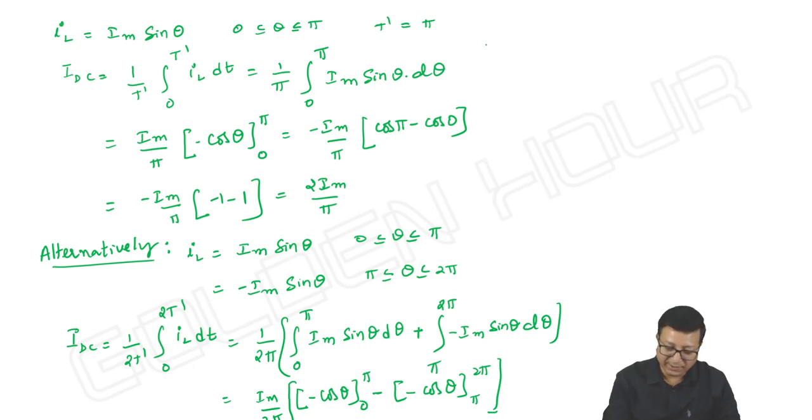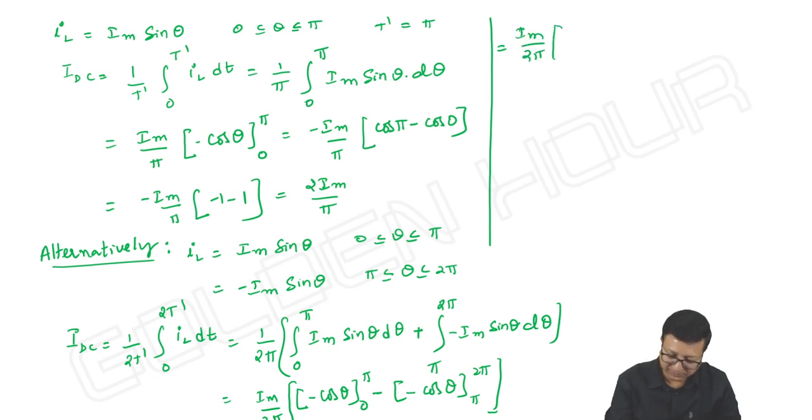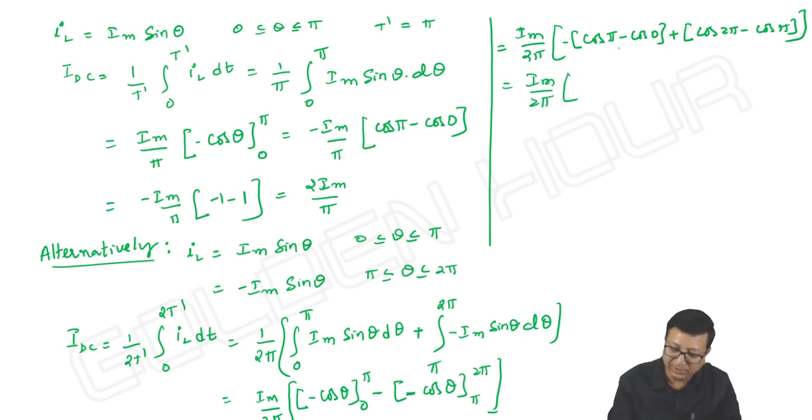So further we can write this way, Im by 2 pi into, taking the minus sign outside, cos pi minus cos 0. Again this minus sign also, if I take outside, it becomes plus cos 2 pi minus cos pi. That's it. So it is Im by 2 pi into, what do we get? It is minus of minus 1 plus 1 minus of minus 1.